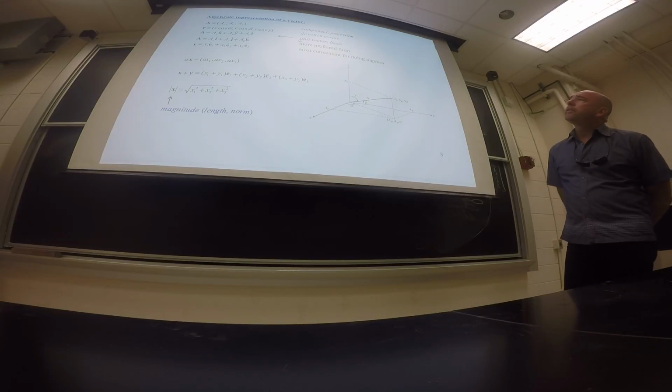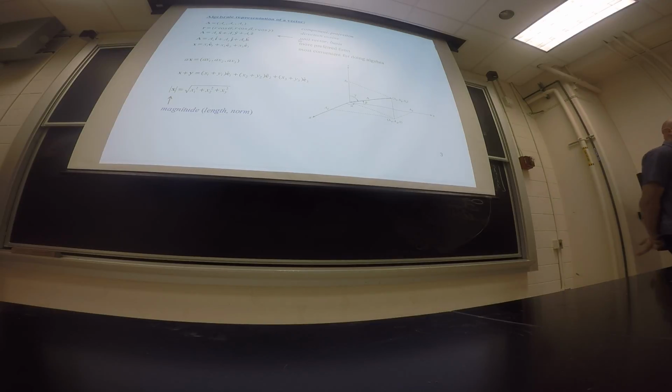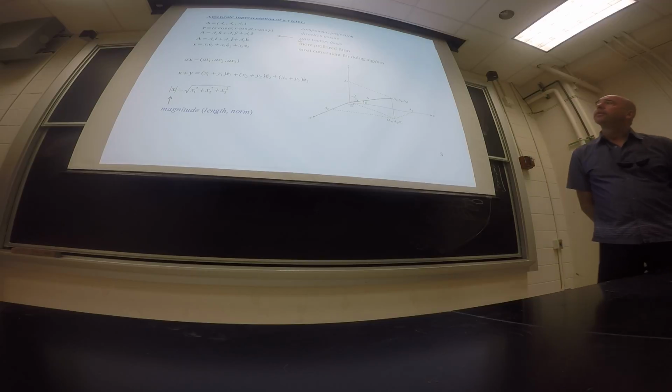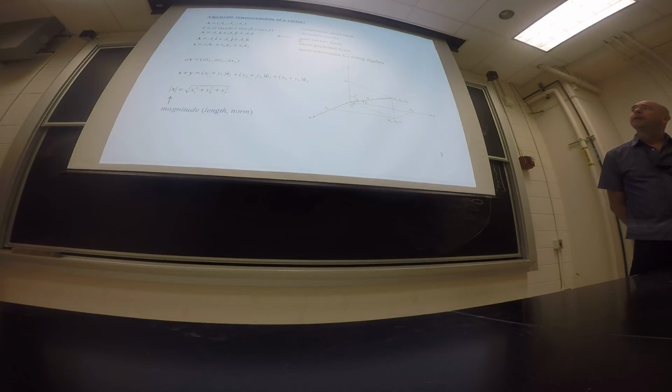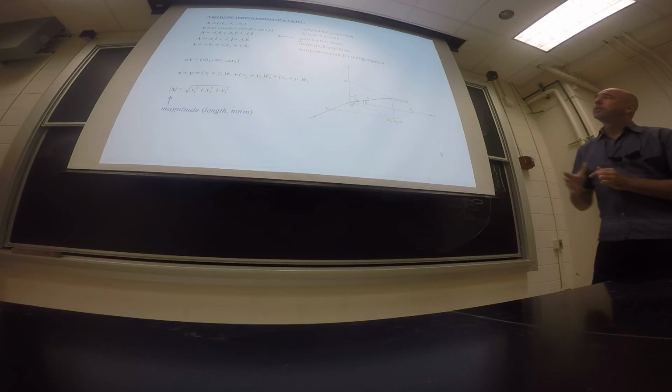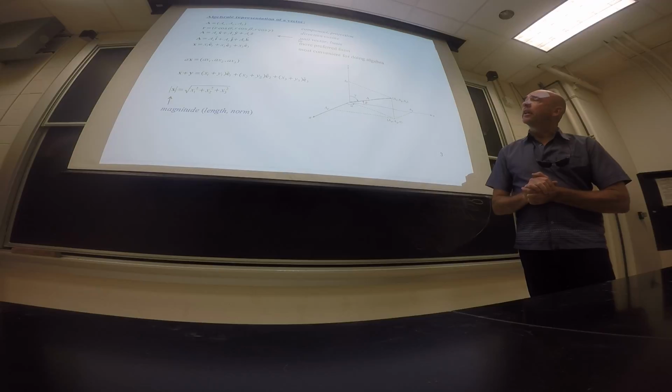So what can we do with vectors? Well, we can multiply vectors by constants. If we multiply the vector x by alpha, we can represent it as alpha x1, alpha x2, alpha x3. We can add vectors, and what we do there is we simply add the components together.